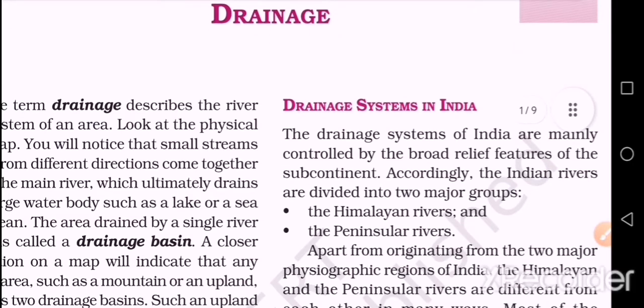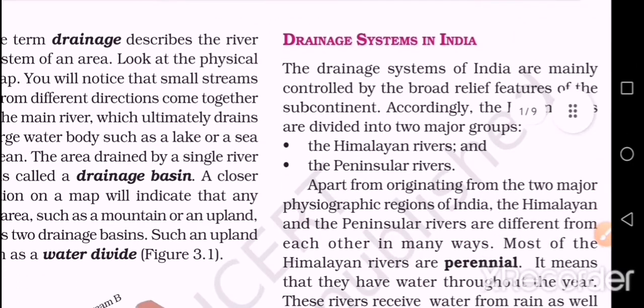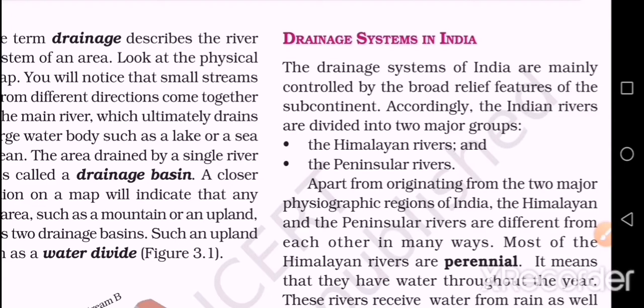Next we will see about drainage systems in India. In India there are two major groups of drainage system. One is the Himalayan river system and the second one is peninsular rivers. The northern portion of India has the Himalayan drainage basin, and the southern part from the middle southward is called peninsular India, and the rivers flowing in the peninsular region make the peninsular drainage basin.